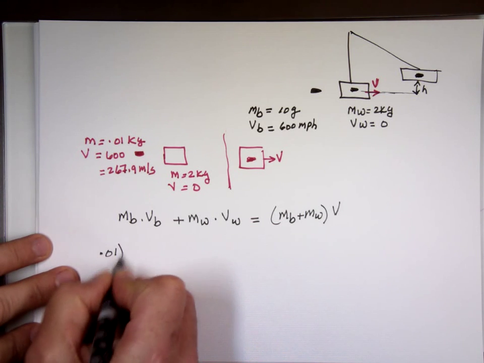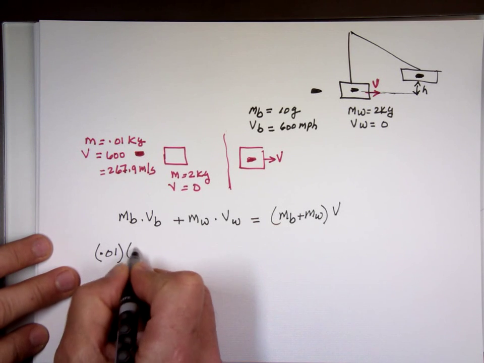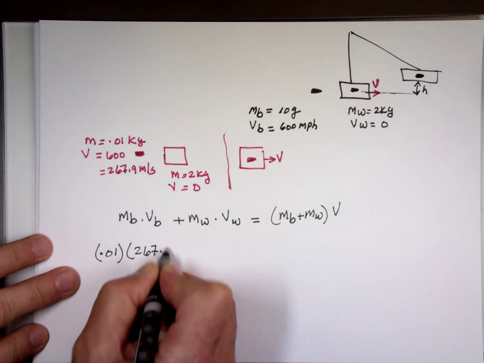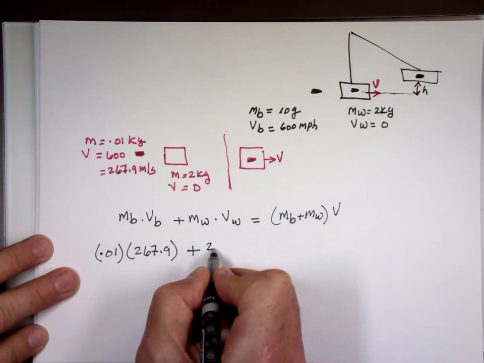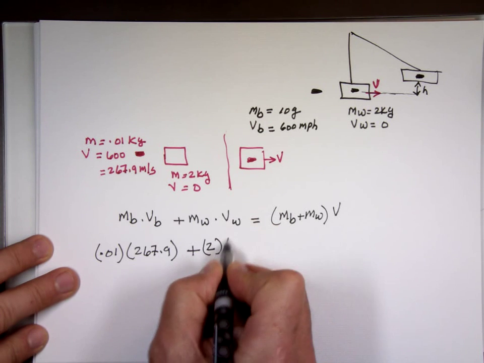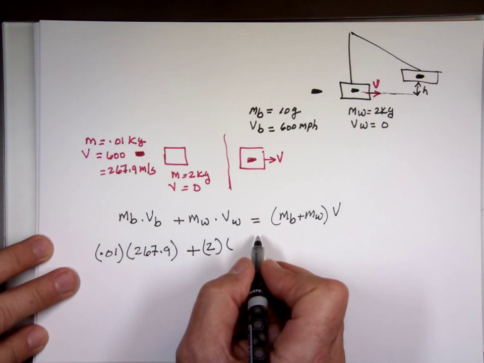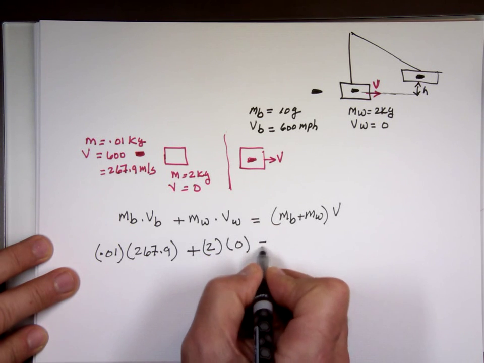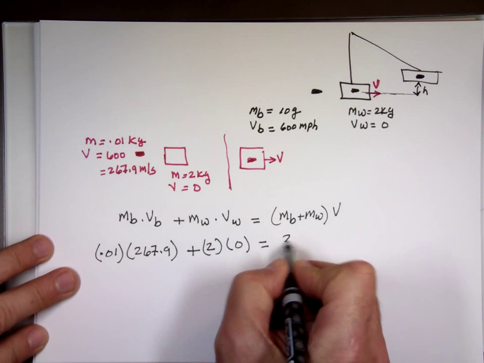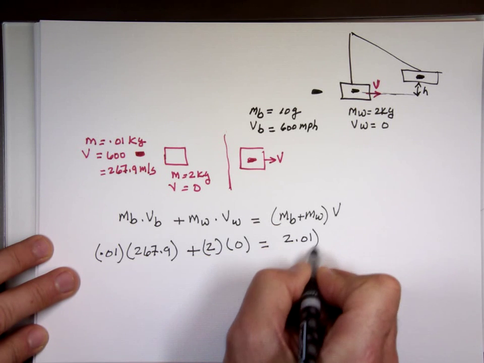What's the velocity? 267.9. Plus the mass of the wood, 2 kilograms, times the velocity, which is 0, equals the combined mass, 2.01, times v.